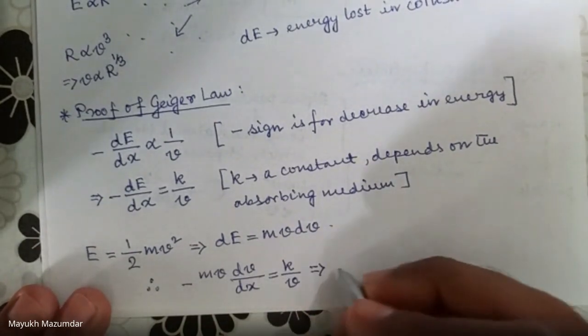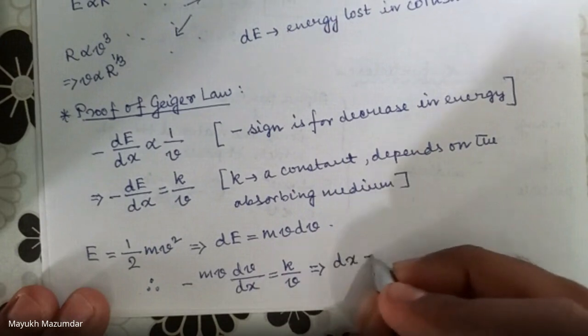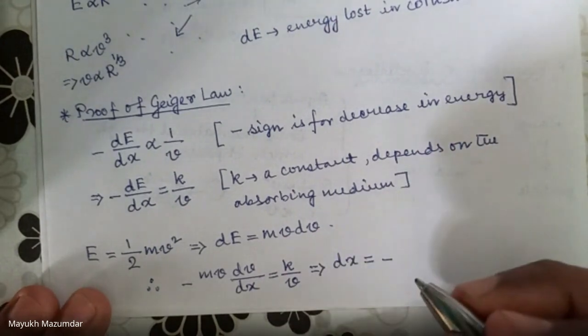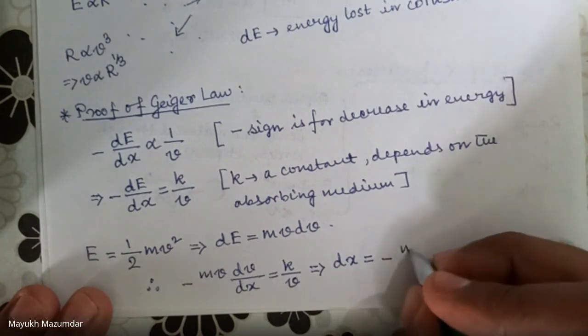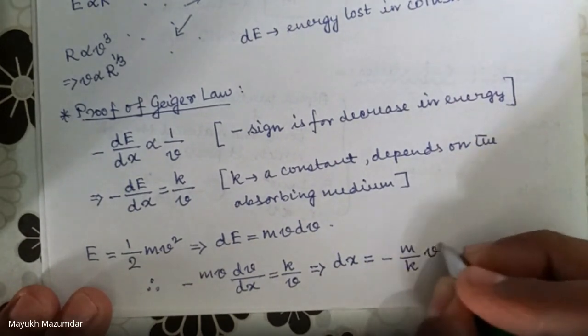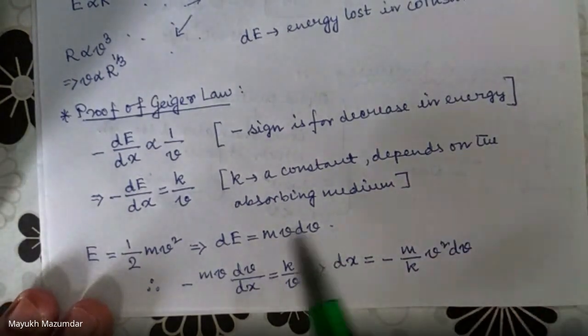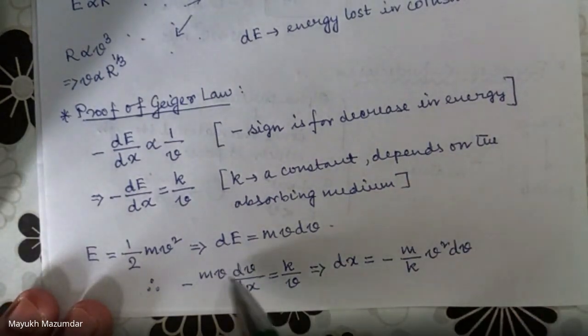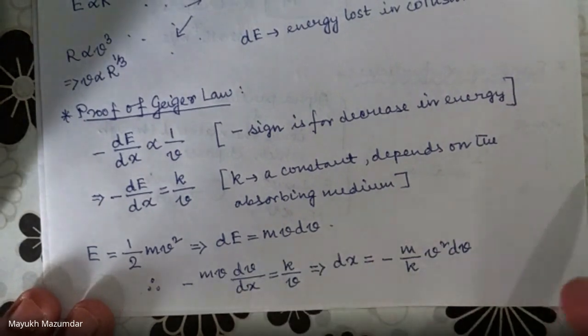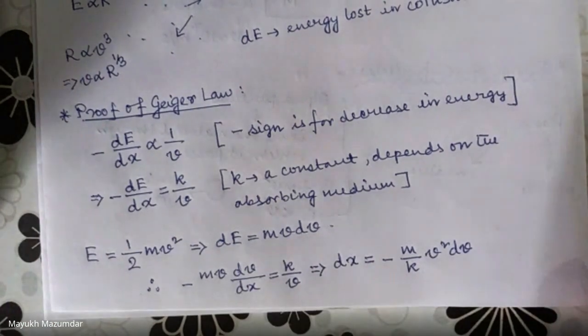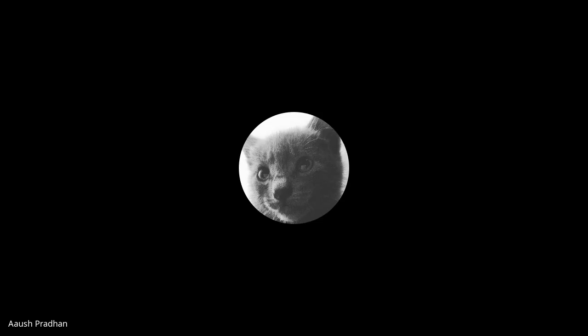So dx should be equal to minus m by k v square dv. Is it okay? Just check it yourself. Yes, sir.